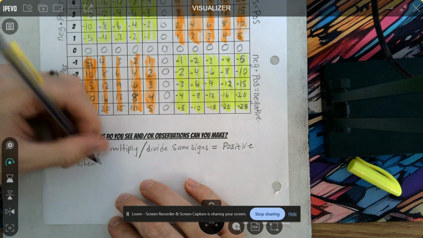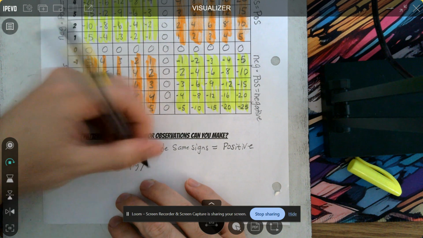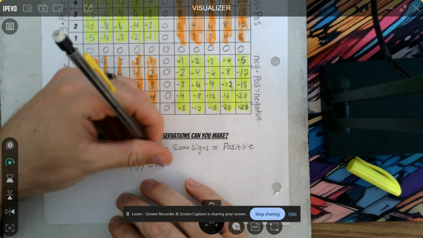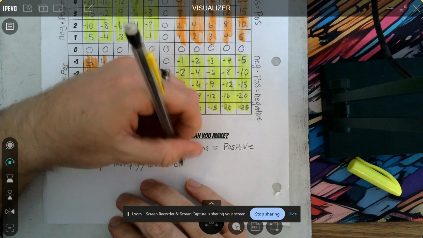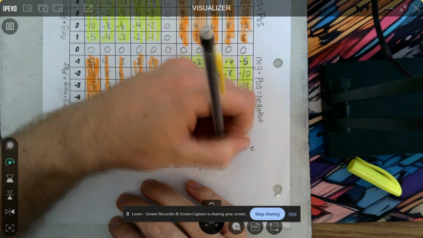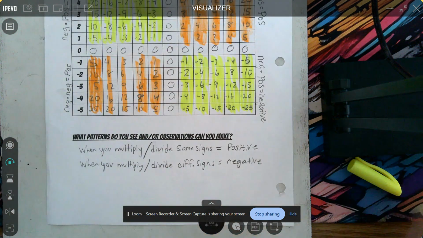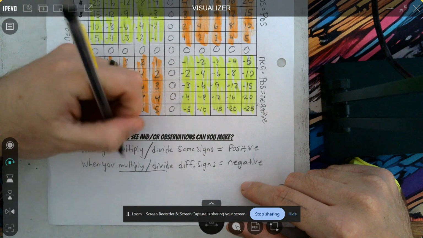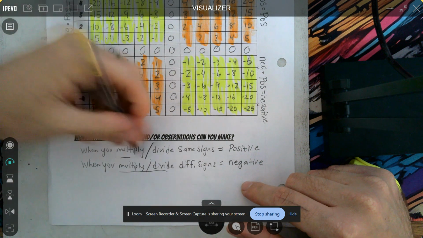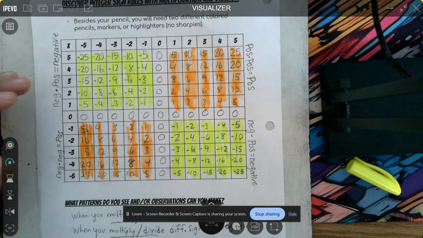And when you multiply or divide different signs, your answer is going to be negative. That will always be true for multiplication and division. So make sure you understand it's multiplication and division only, not adding and subtracting. All right, so make sure yours looks like mine.